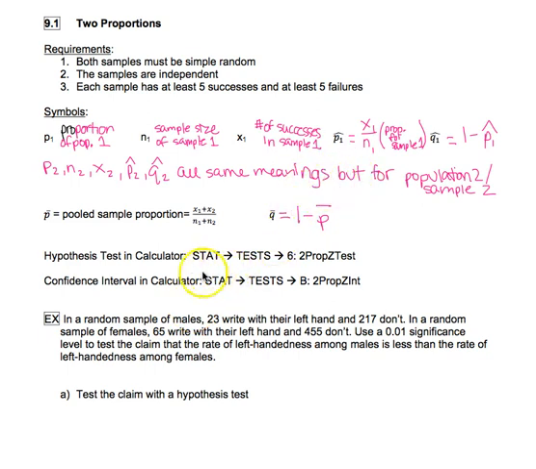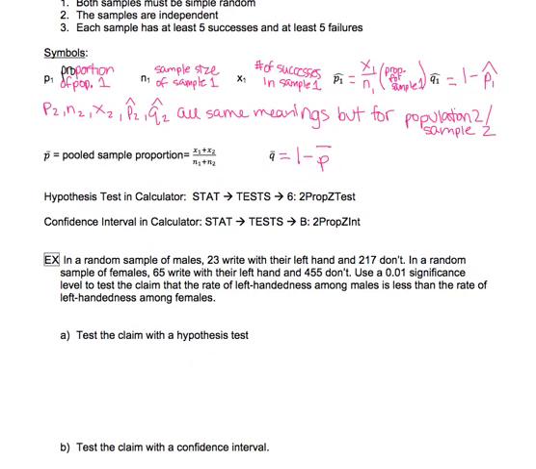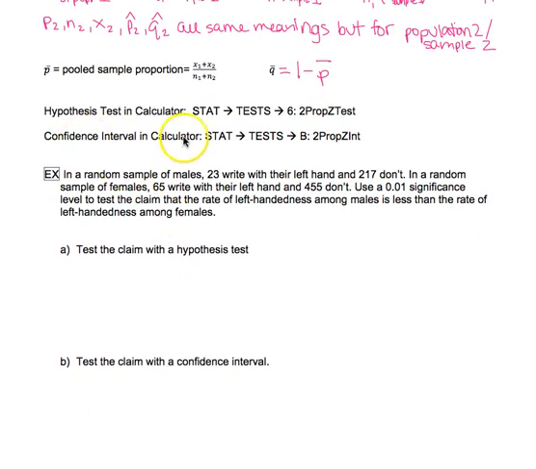In this section, when we're doing the hypothesis test in our calculator, these are the keys that you're going to hit in order to run that. The confidence interval also has its own set of keystrokes for the calculator. I would strongly suggest that you write down in your box the calculator steps and what type of test it is, because we've learned a lot of them, and on the quizzes you only have 1 or 2 that you have to know, so it's not too bad.